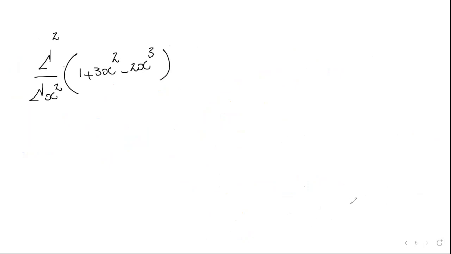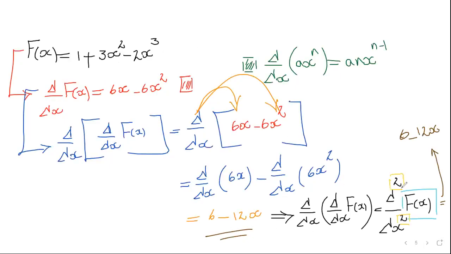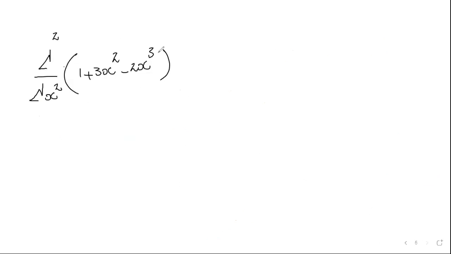We said that with the same function that we had, the second derivative of the function that we introduced, 1 plus 3x squared minus 2 times x to the power 3, as we found here, is 6 minus 12x.